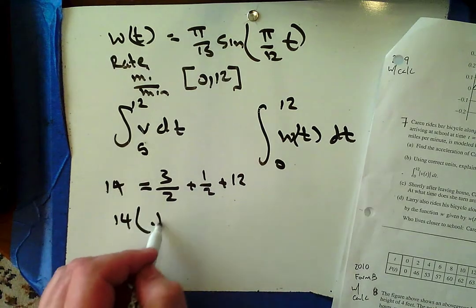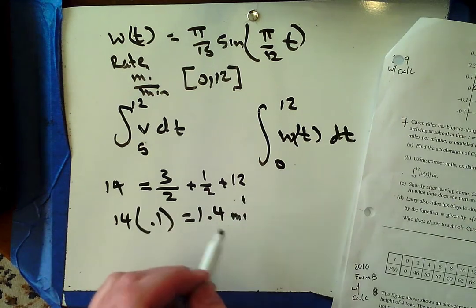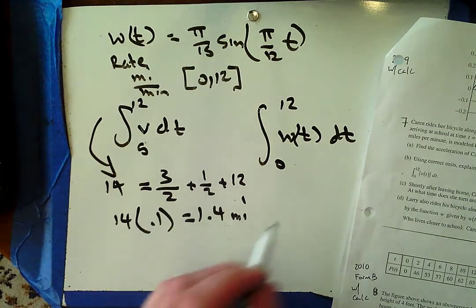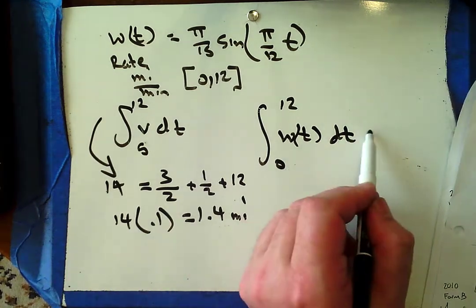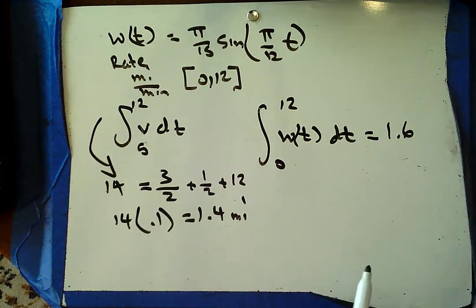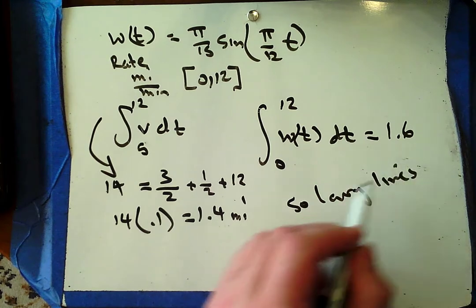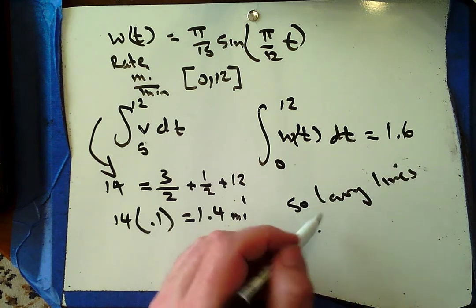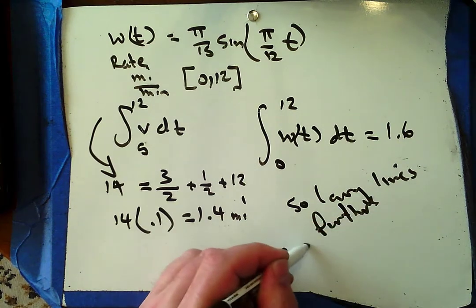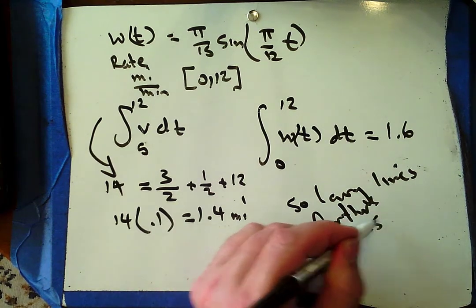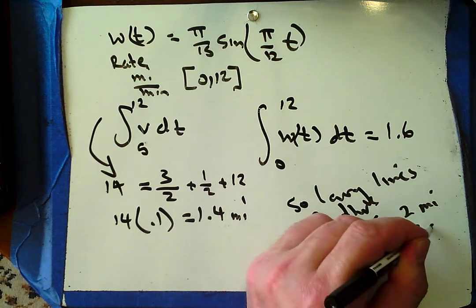And so 14 times 0.1, the area of each box, is 1.4 miles. That's Karen. And Larry, when we integrate this, I get Larry's is 1.6. So Larry lives further. Who lives closer? Karen lives 0.2 miles closer than Larry.